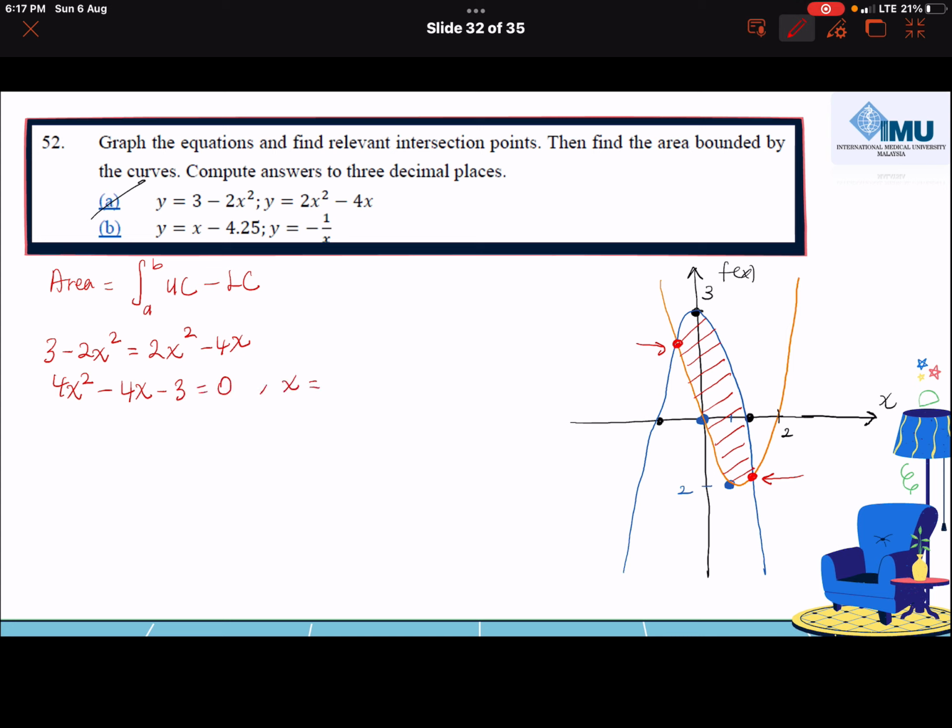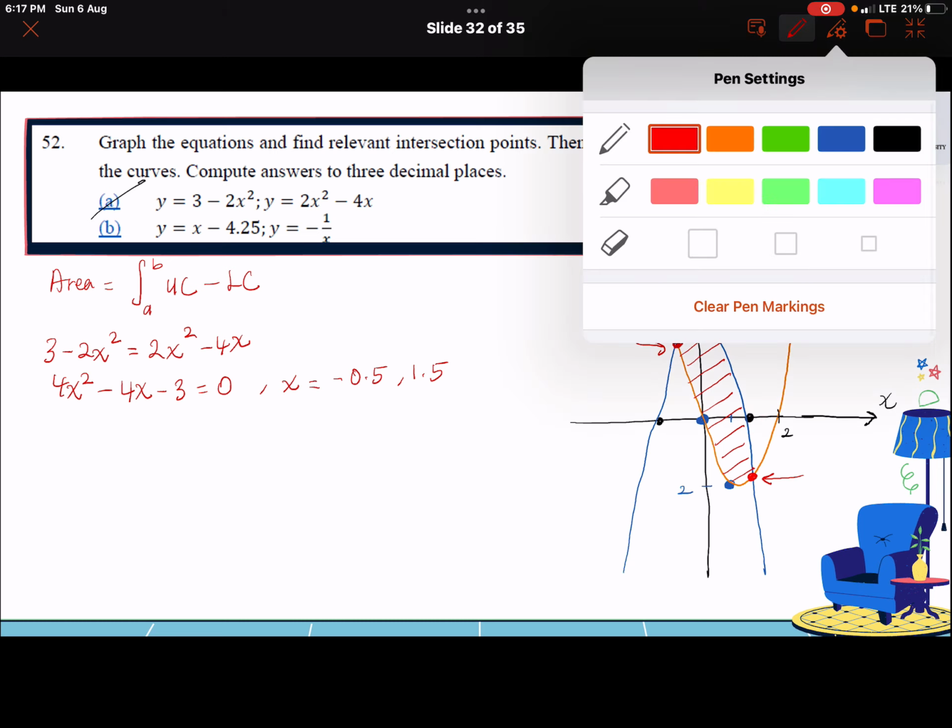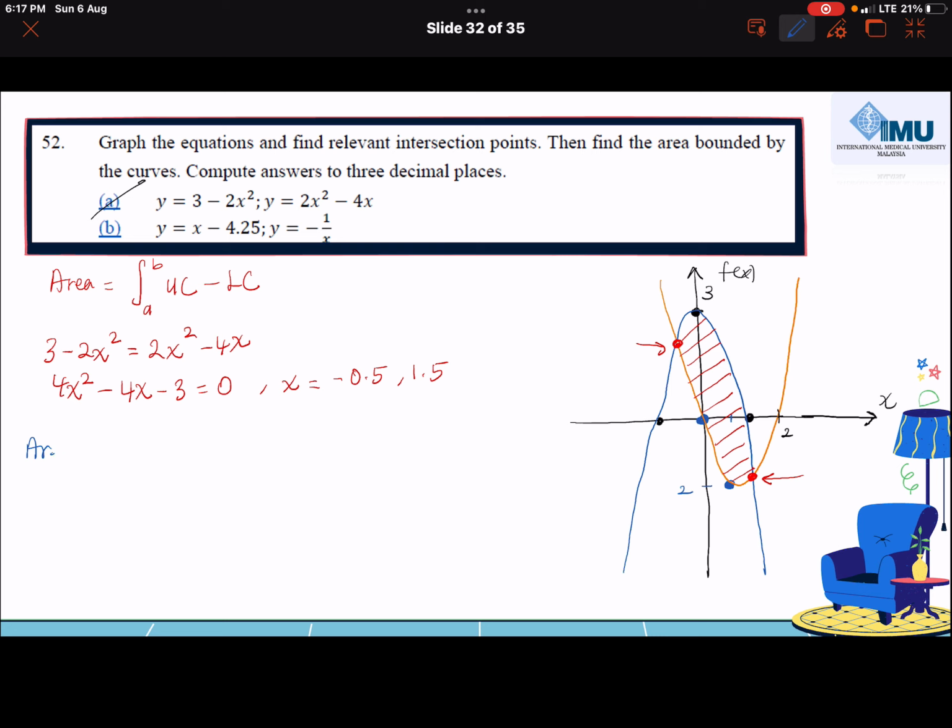Solve this equation. You get x equals to negative 0.5 and 1.5. Yes, this is going to be the negative 0.5 value, and this is going to be the 1.5 value. Correct. Now we can evaluate our area, which is the integration from negative 0.5 to 1.5.